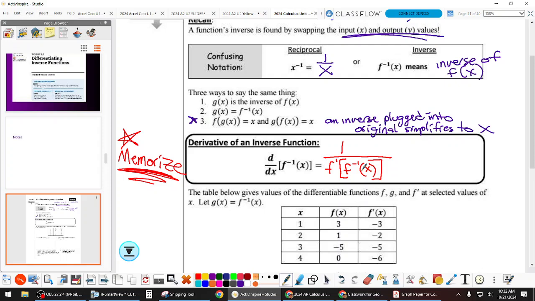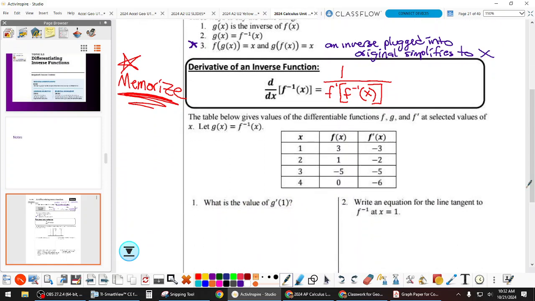The inverse function's value at that point. So the typical process for this is figure out the inverse. If you're given it, you just figure out the value when you plug in the point. If not, you have to figure out the inverse and plug in the value. Then take the derivative value of that value. So we now know how to do the derivative of a lot of stuff. So that part should be fine.